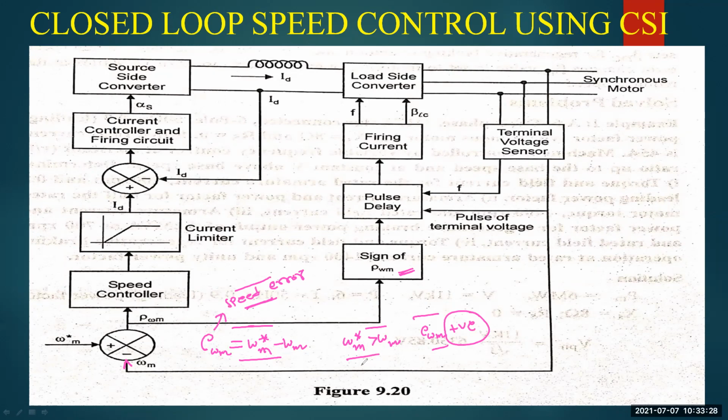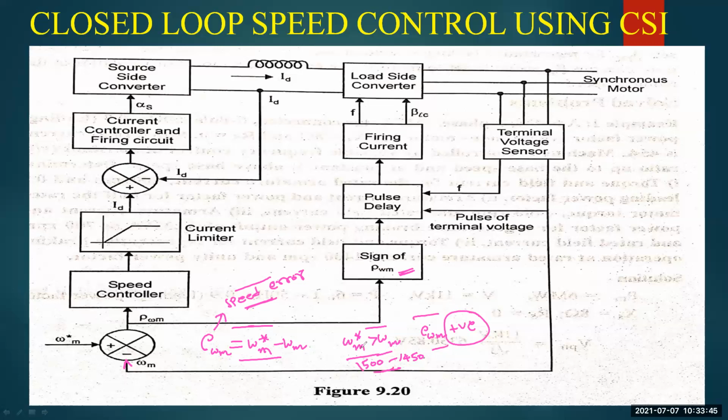For example, with a reference of 1500 RPM and an actual speed of 1450 RPM, the speed error is 50, a positive speed error, which is fed to the sign of speed error pulse delay.